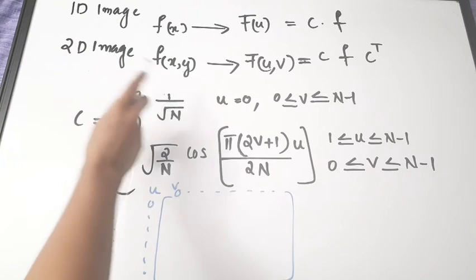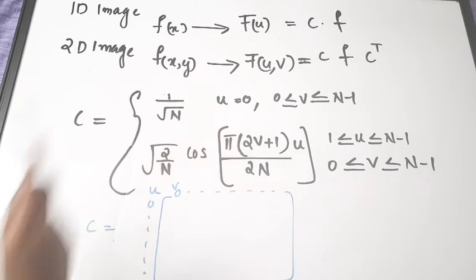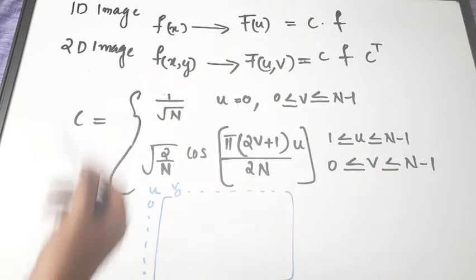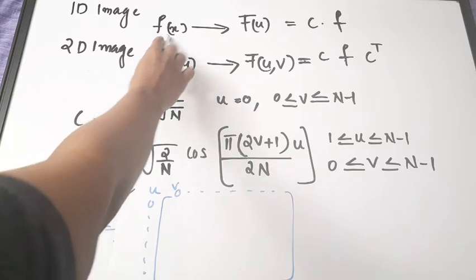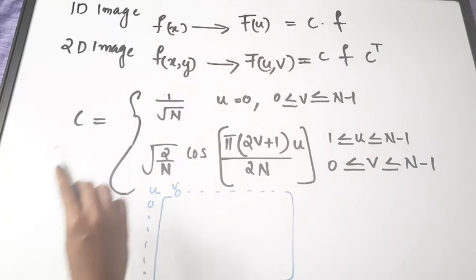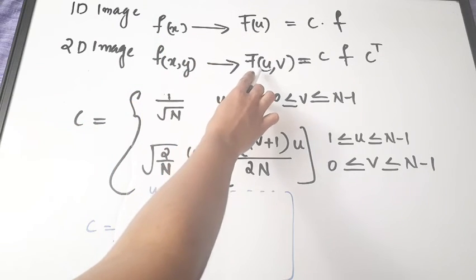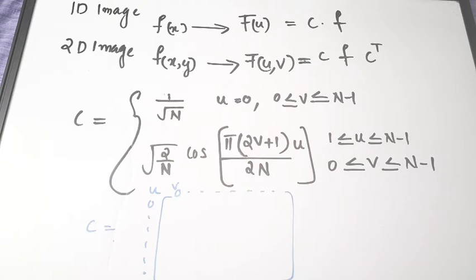If it is 2D, there will be two variables, f of x, comma y. You can convert the 1-dimensional to f of u, and the 2-dimensional to f of u comma v.